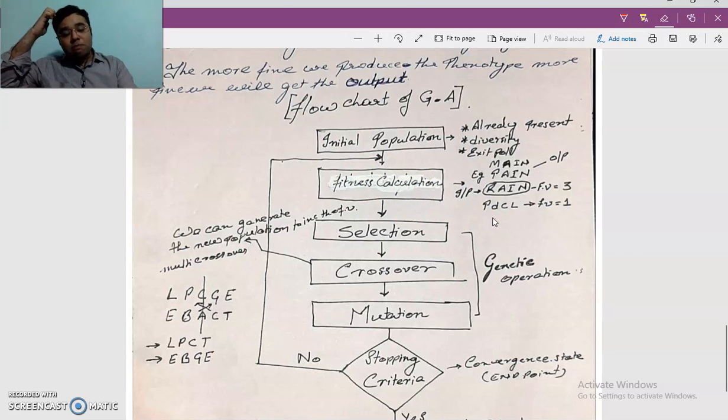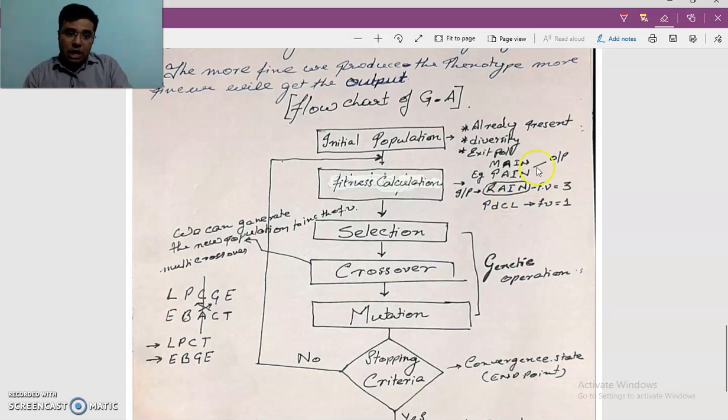Now the foremost important thing after getting the fitness value is that we need to select the exact values for the process of crossover, right? So the selection mechanism is done, that is, what special set of values we are going to select for the further crossover, so that we can make the crossover and produce some optimal result.